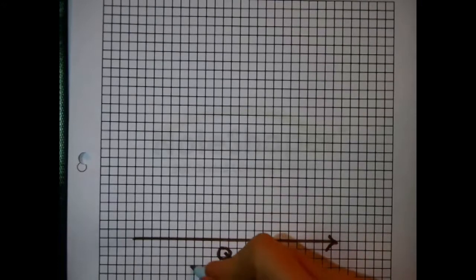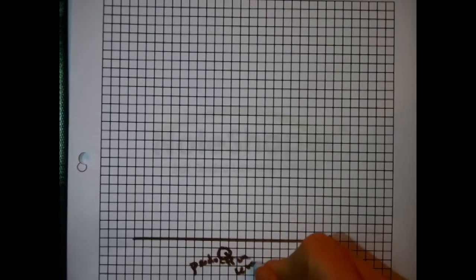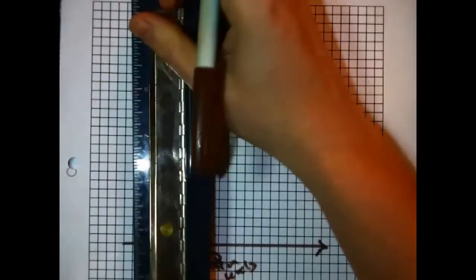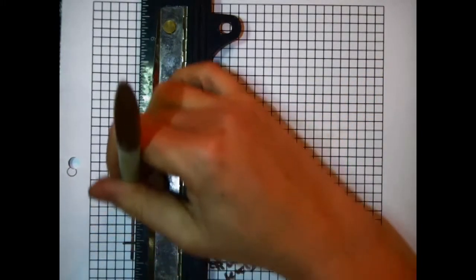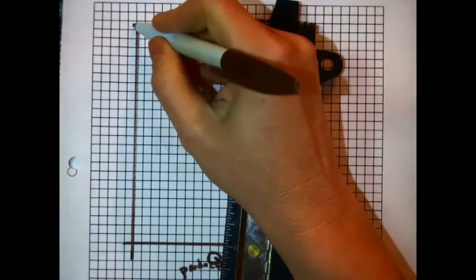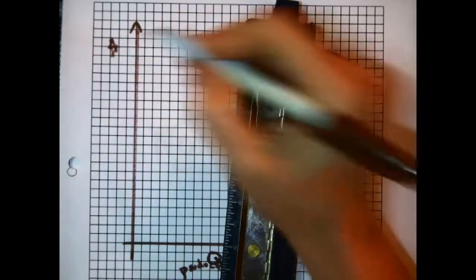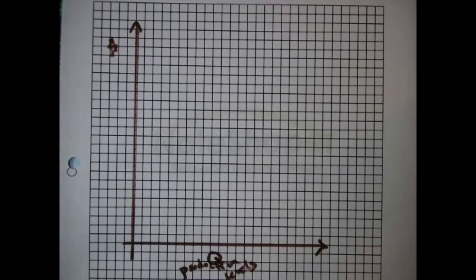I mean, if I could even write that, production levels, quantity. The issue is cost. That's what the vertical axis is going to represent. Not just cost, as a matter of fact, but total annual cost.